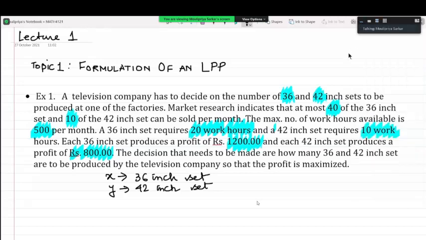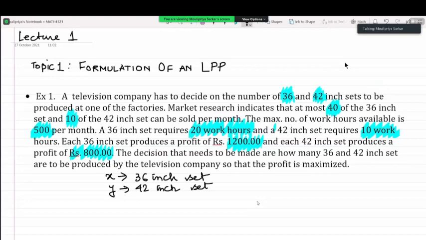Anyway, so this is what we can assume. Now, what is given to us is, see, the second line says the market research indicates that at most 40 of the 36 inch sets can be sold per month.